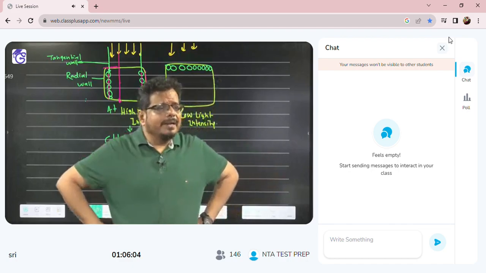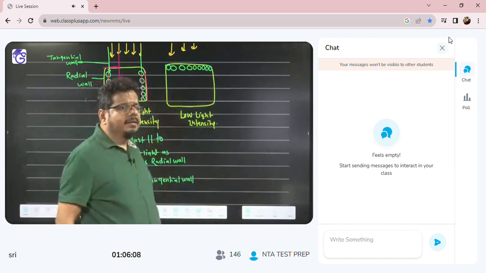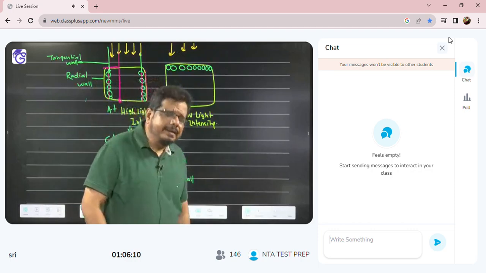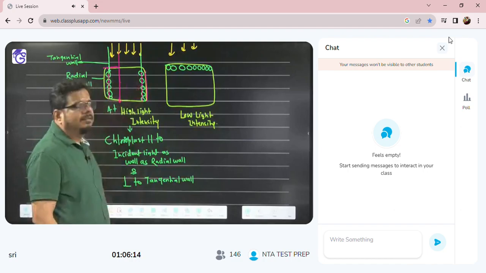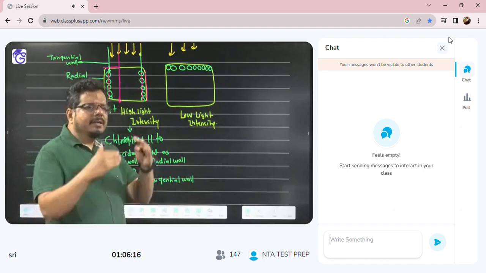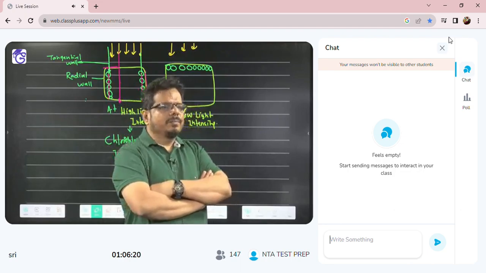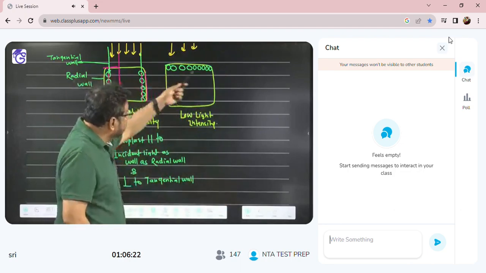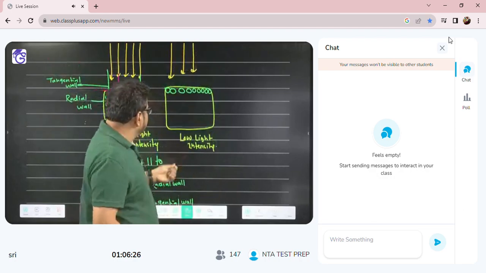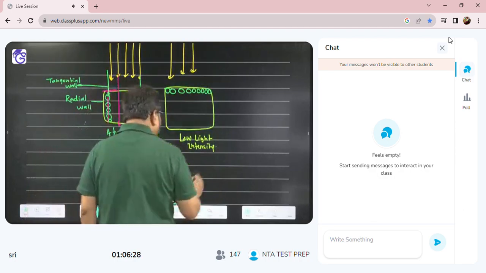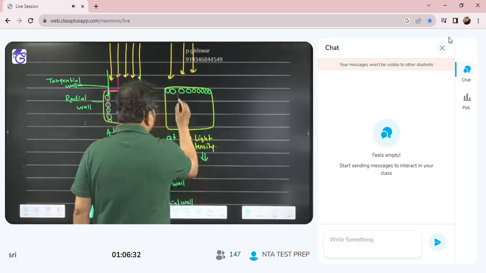So what is the advantage of it? They adjust the entry of light. If the intensity of light is more, they absorb less light, so they expose a smaller number of chloroplasts. When intensity is high, exposure is low. So what happens at low light intensity?